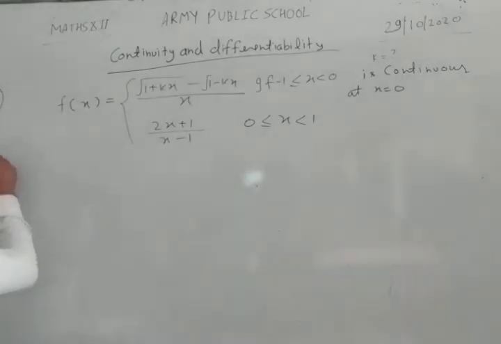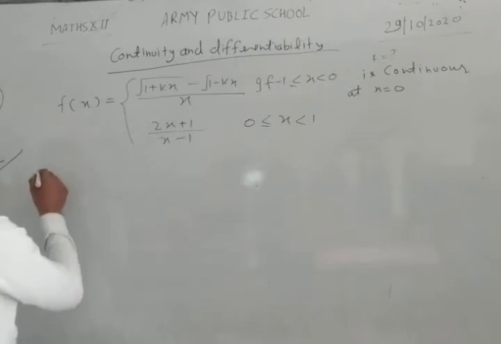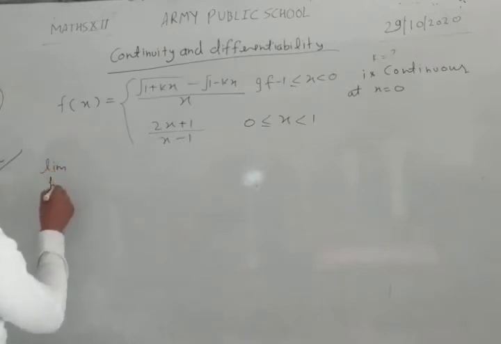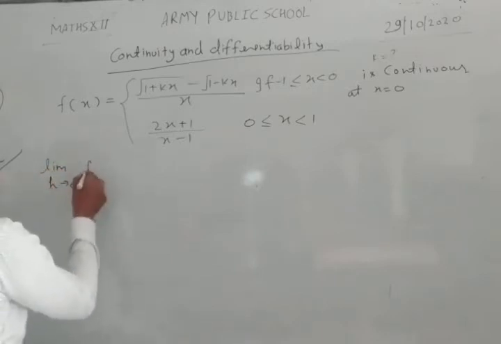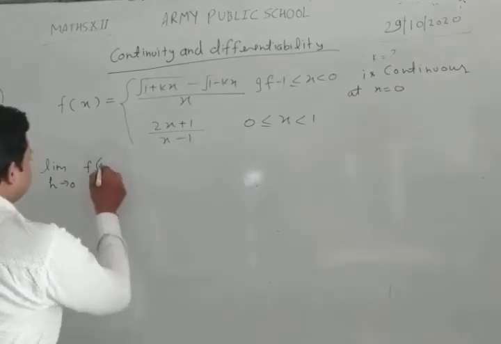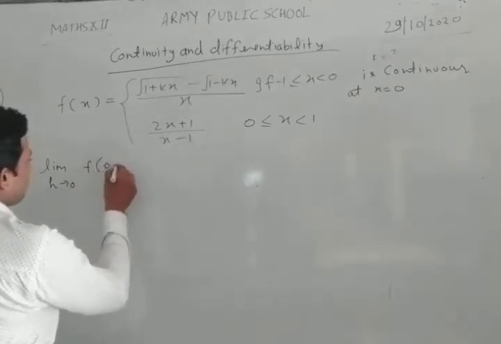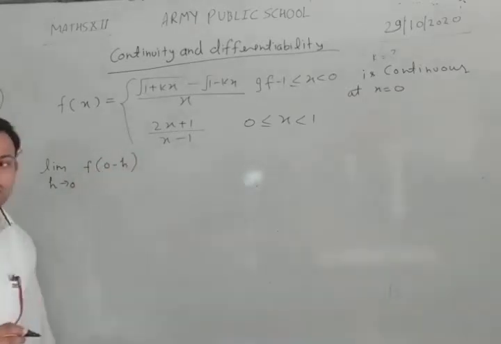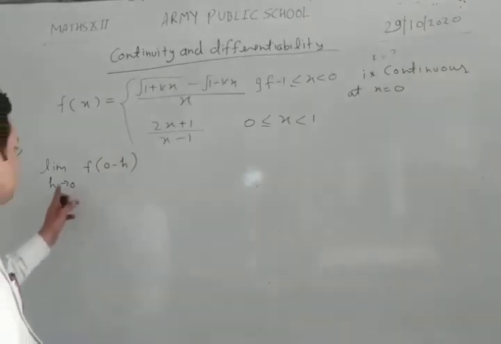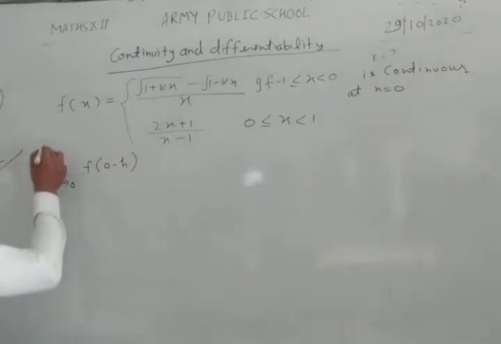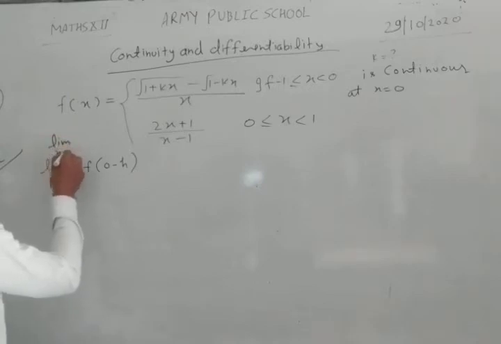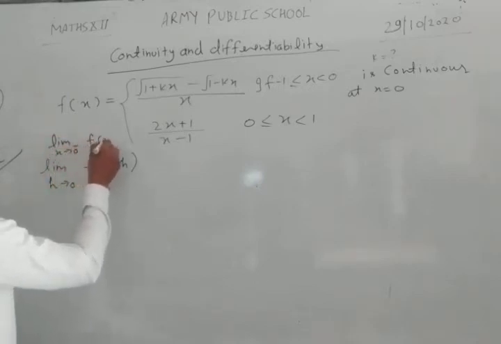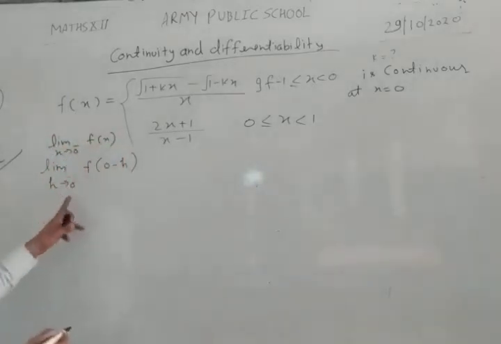We are finding the left hand limit. So limit x tends to 0 f(0 minus h). If you want, we can also write x tends to 0 minus f(x), and when we change it to h tends to 0, we write f(0 minus h).